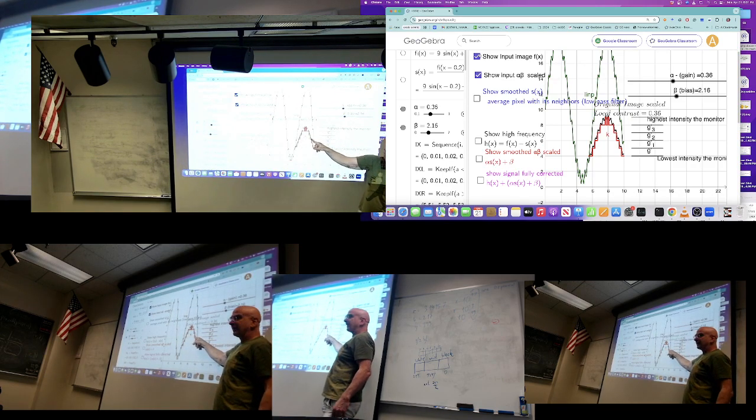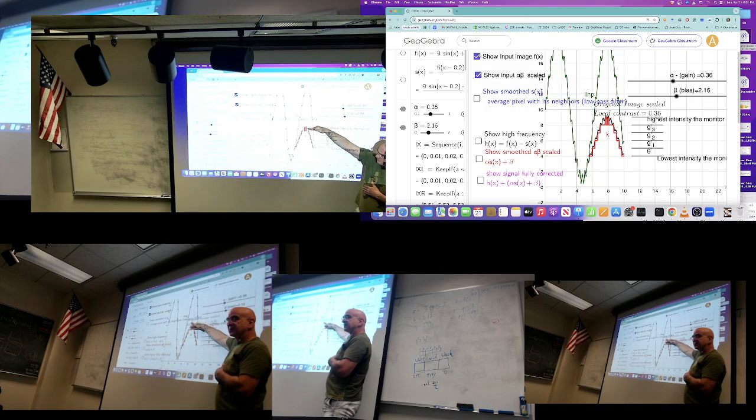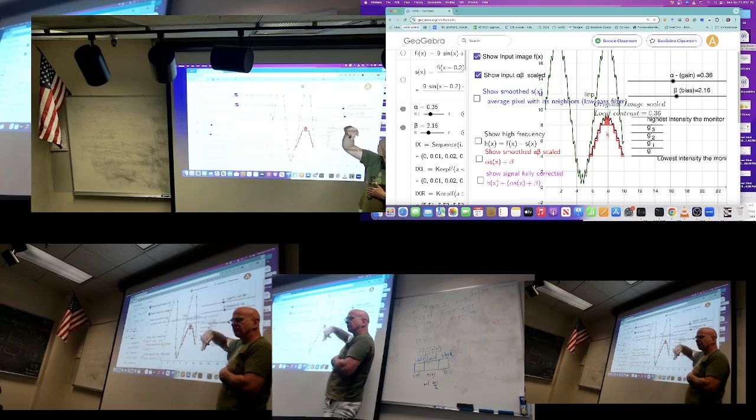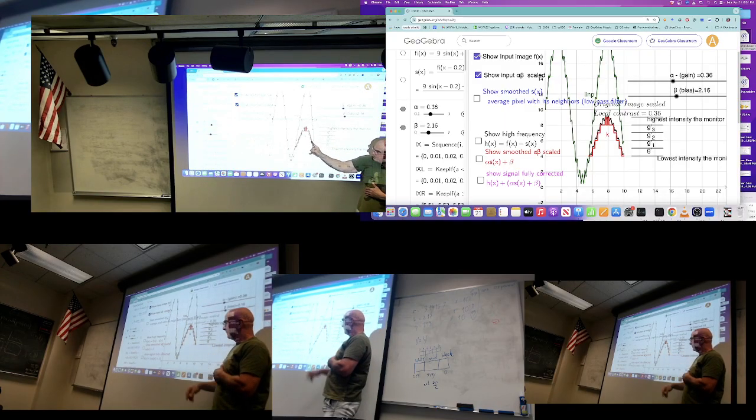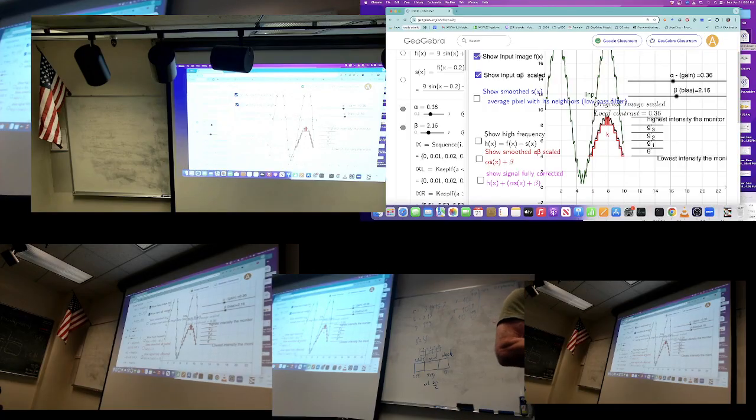So I'm corrected as far as max versus mean values, but the spatial resolution went down dramatically. It becomes way more blurry than what it was originally. The teeth disappeared. Everybody understands the problem?